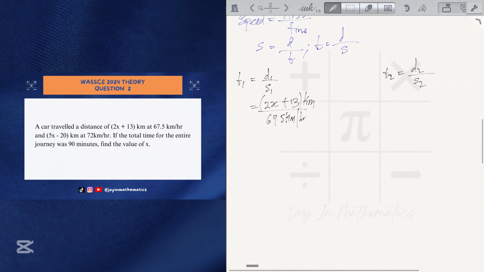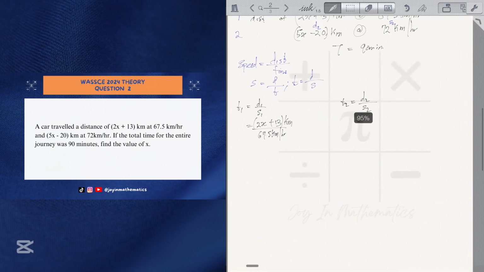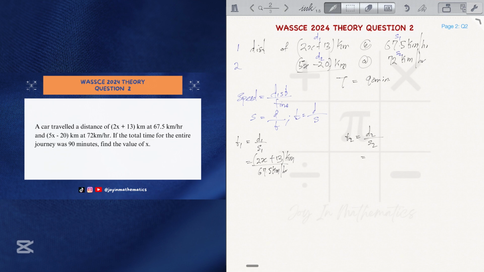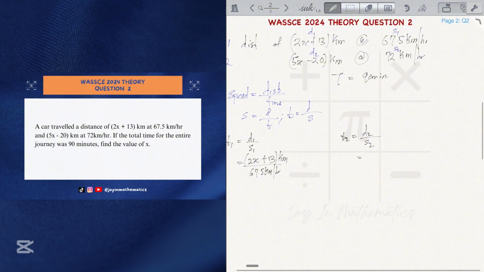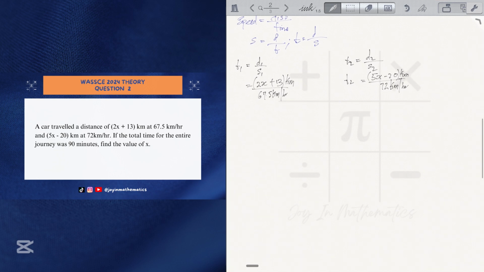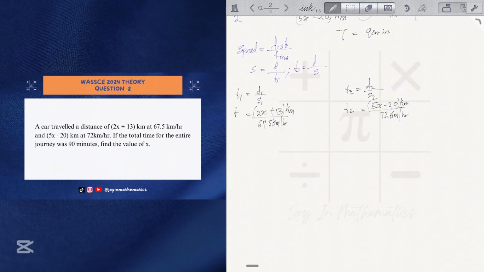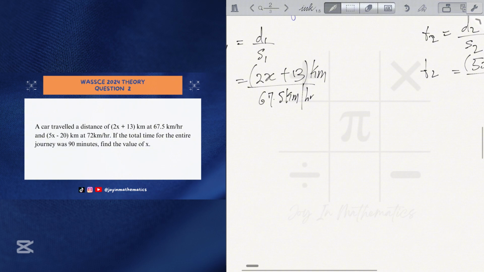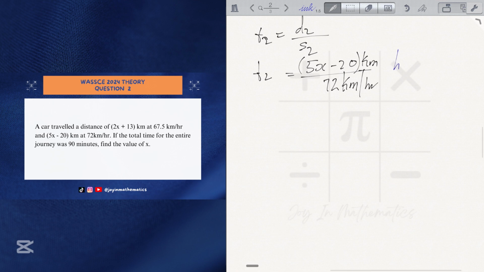T2 is the second scenario, with distance 5x minus 20 and a speed of 72. This is in kilometers, and the denominator is kilometers per hour. The unit of time T1 is going to be hours, and the unit of time T2 is also going to be hours.